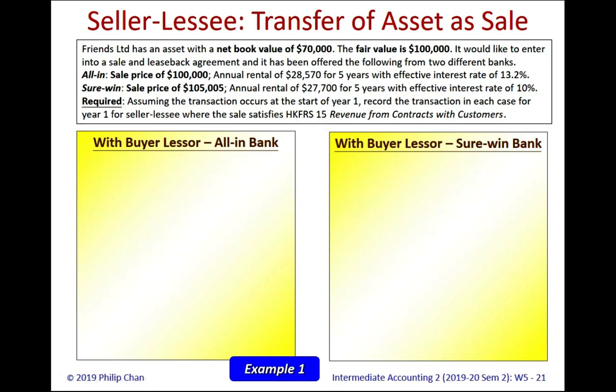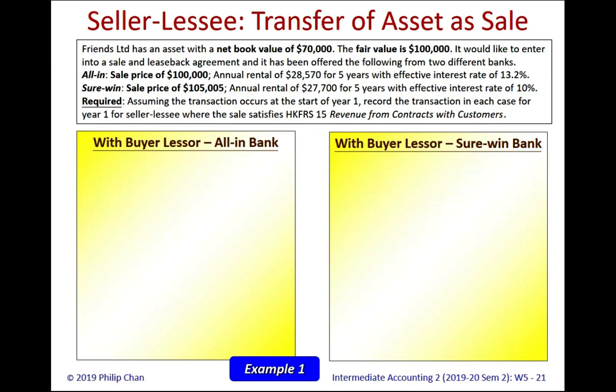Now, after reading the requirement, you know that you are supposed to be recording this transaction as a sales and leaseback one. Why? How come you know it? Because you can see that you are supposed to prepare entry for the seller-lessee, and we were told that the sales in fact satisfy Hong Kong FRS 15. So all the double entry you have learned so far can now be applied to this case.